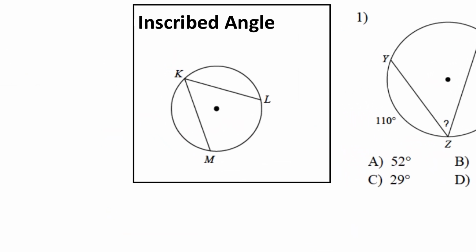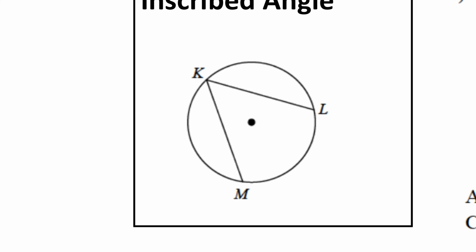Okay? Now next we have an inscribed angle. So an inscribed angle, that's an angle that's not in the center but over on the edge. Okay? So on this one, let's say that this arc is 100. On the inscribed angle, is the angle and the arc the same?